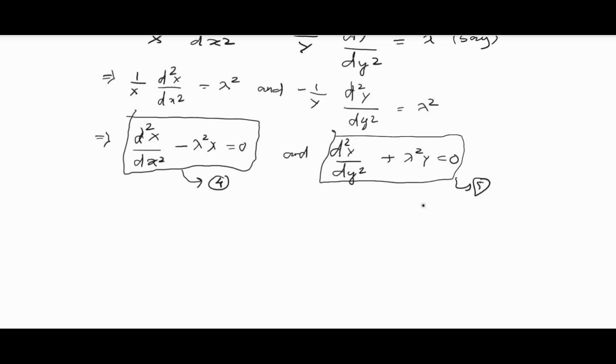Now the solutions to these two ordinary differential equations can be obtained by the assumed solution method. So the solution to the above ordinary differential equations can be assumed as follows. For the first one, a negative sign is there, so we will get a hyperbolic function.